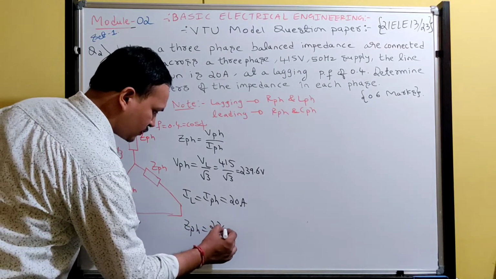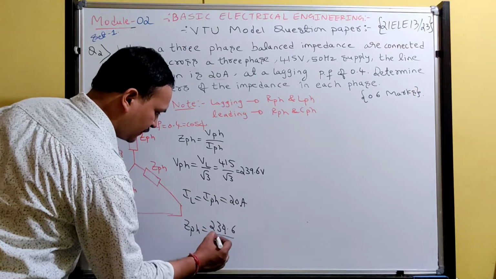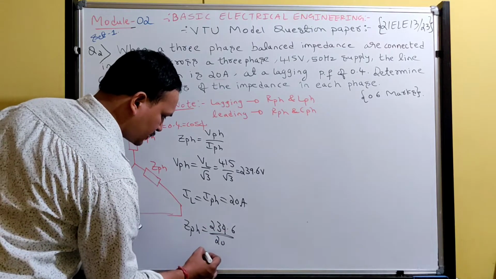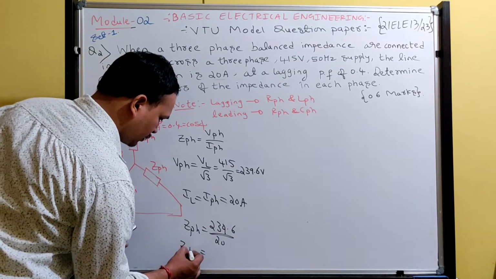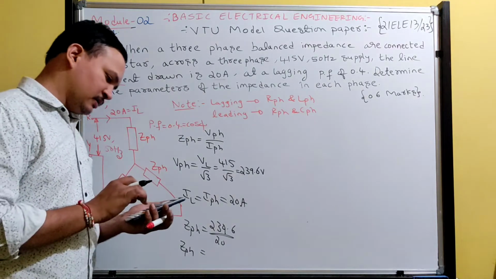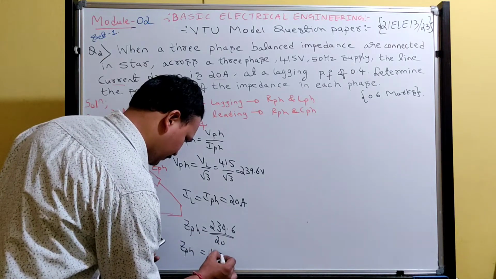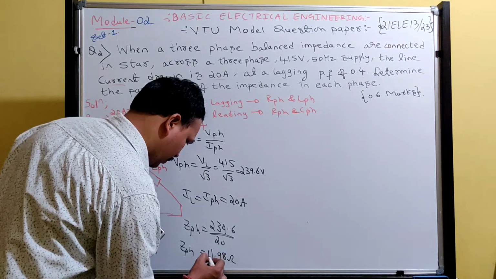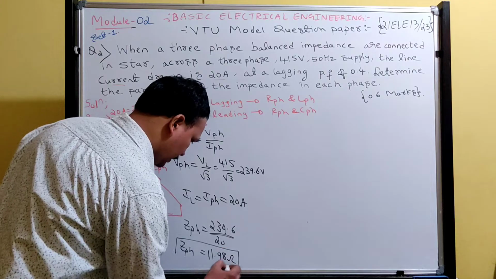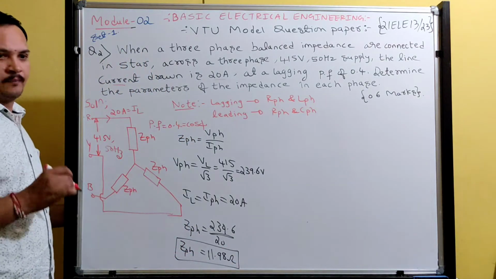That is, phase voltage 239.6 divided by 20. Divided by 20, I am getting 11.98 ohms. This is the impedance per phase. Okay, you must calculate this one.